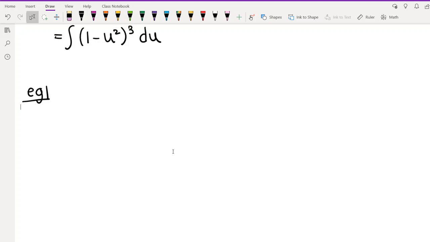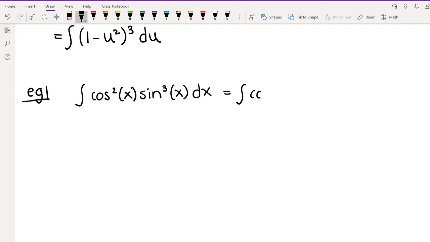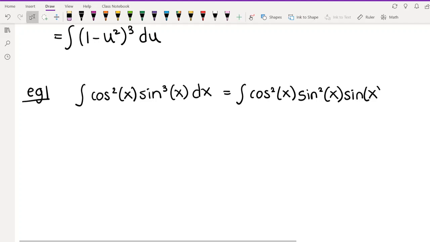Okay, so let's say that you're now evaluating the integral of cosine squared of x times sine cubed of x dx. Again, we can break this up into cosine squared of x times sine squared of x times sine of x dx.